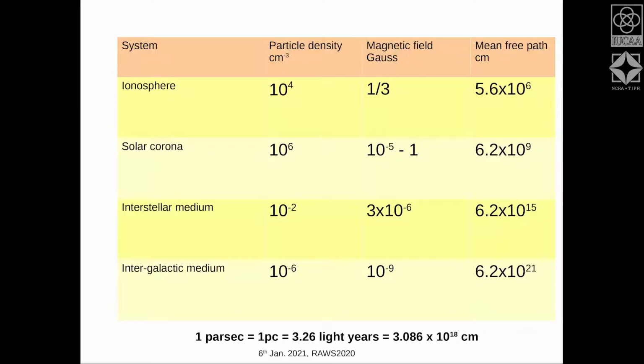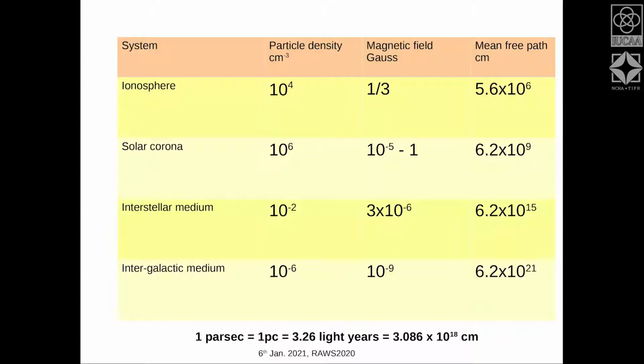Basically, you can imagine the mean free path as the distance a particle travels before it collides with another one. So particles really have to go very long distances to meet another particle. It's a very, very thin space. Essentially there is nothing there, in comparison to what we are used to on Earth.